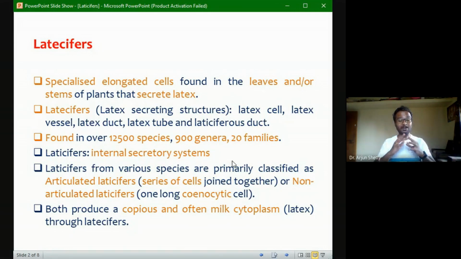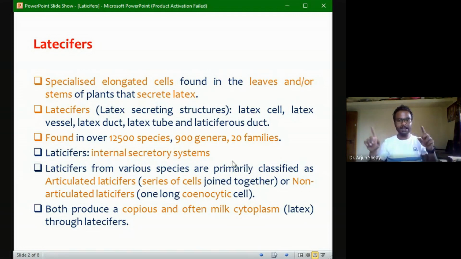So the latex releasing structures are of different types. They have different morphological appearance, and their release of latex also varies. The chemical components of the latex are again varied in the different latex secreting structures. But till now, we have not come across any clear-cut information on the differentiable characteristics of the latex cell, latex vessel, latex duct, latex tube, and laticiferous duct.